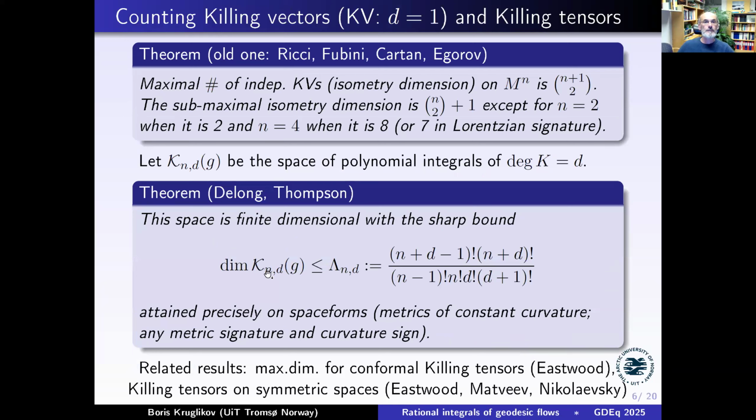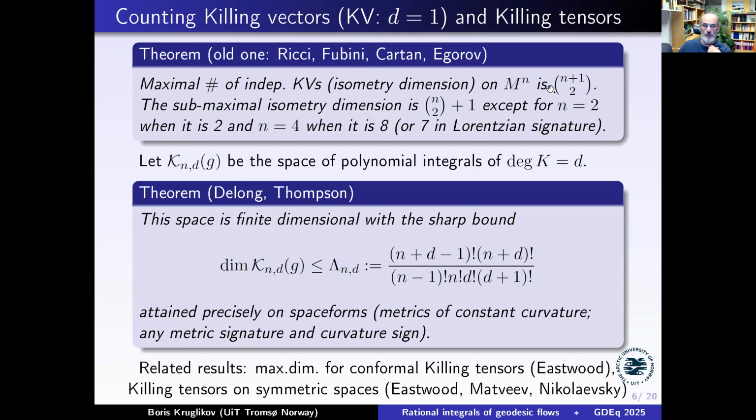Okay, so now counting of Killing vectors and tensors. So we say Killing tensors in general, but if the degree is 1, if it's a linear integral, then we could talk about Killing vectors. Okay, so one theorem is a very old one, started with Ricci, Bianchi, Fubini, then Cartan, then Egorov. And that's the maximal number of linearly independent Killing vectors on a manifold of dimension n is n plus 1 choose 2, which is n times n plus 1 divided by 2.